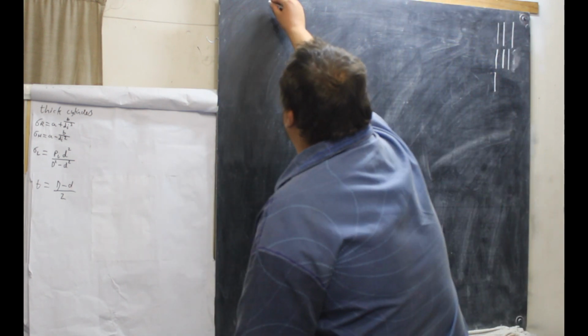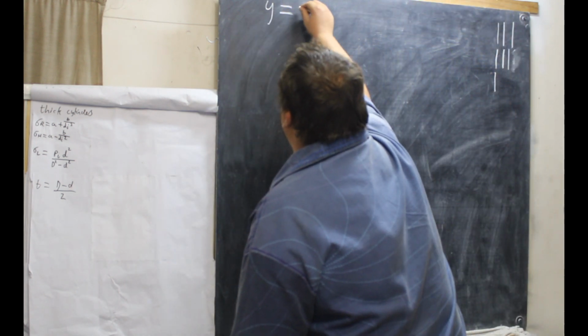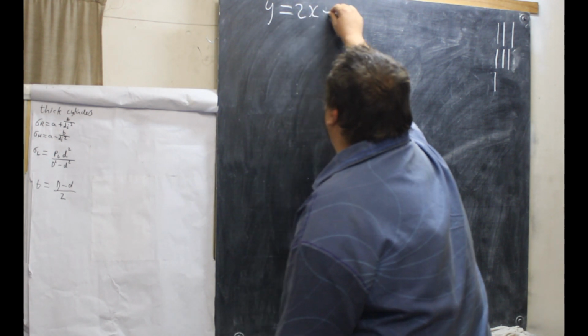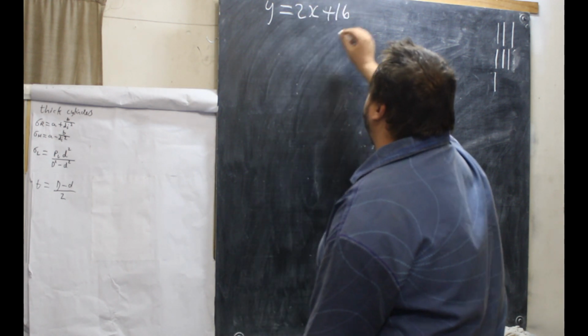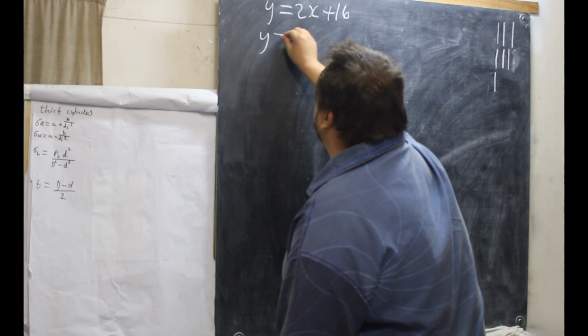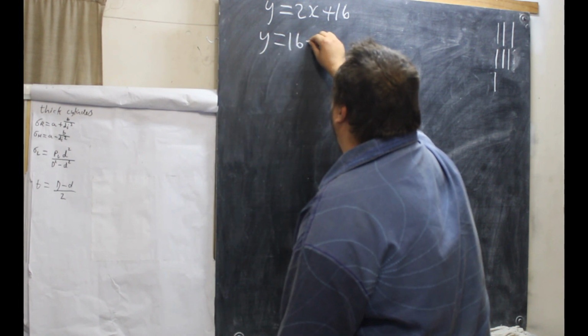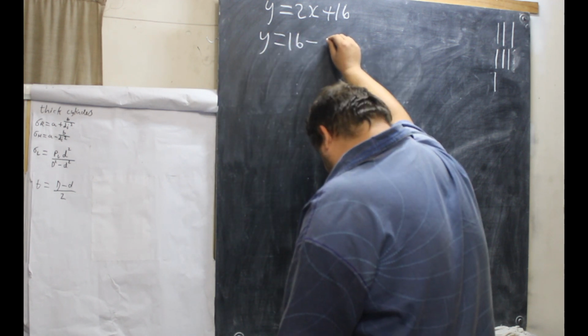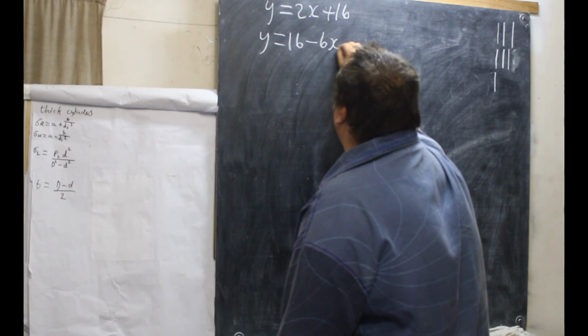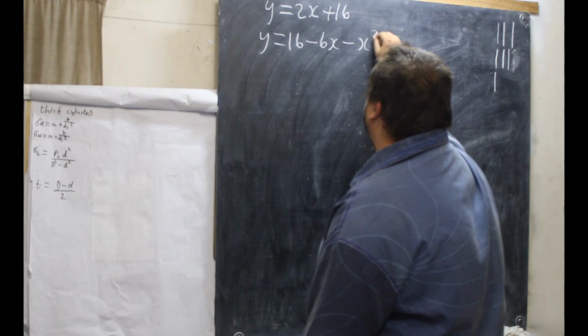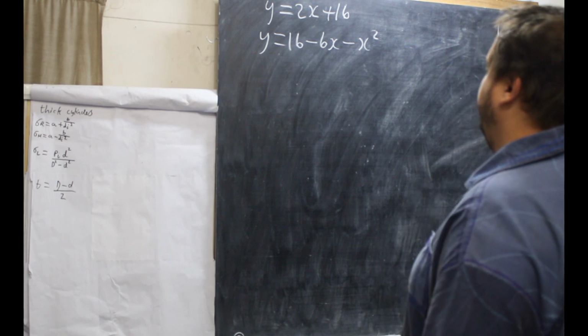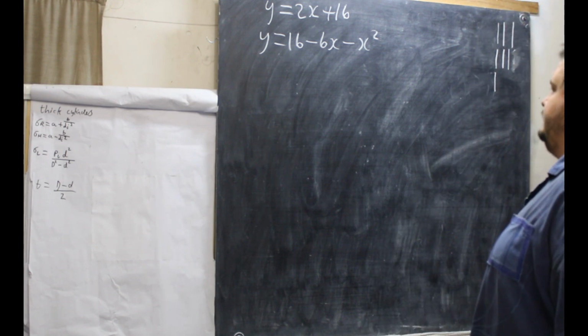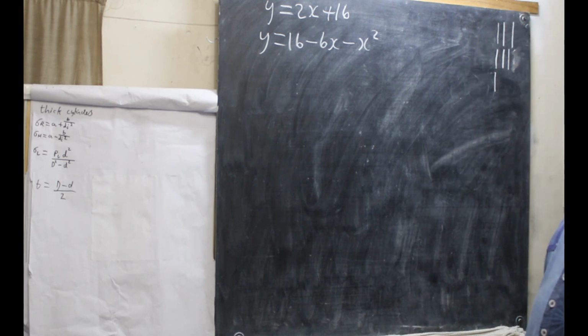Okay, our questions go, y is equal to 2x plus 16, and y is equal to 16 minus 6x minus x squared. Now with this, we are going to have to find our limits ourselves, because they do not give us limits for our integration.